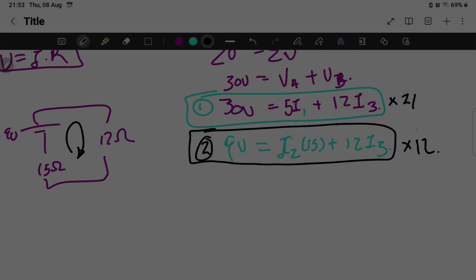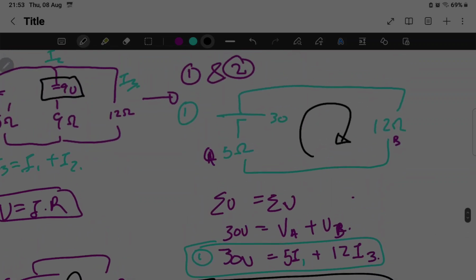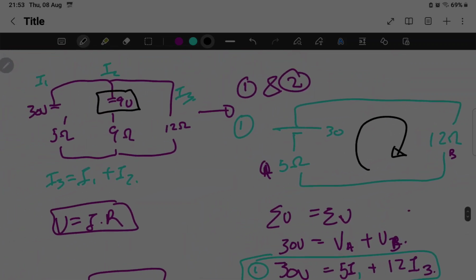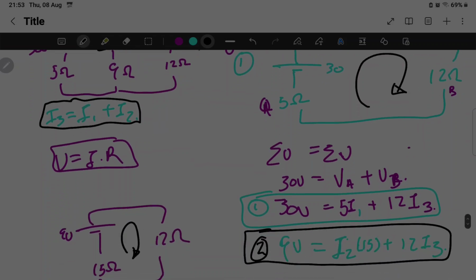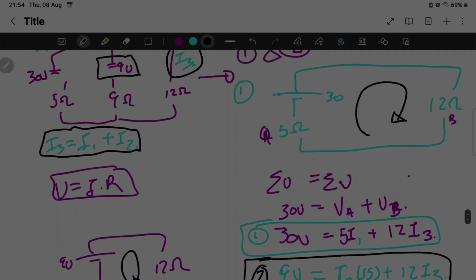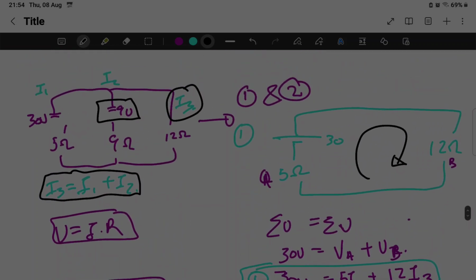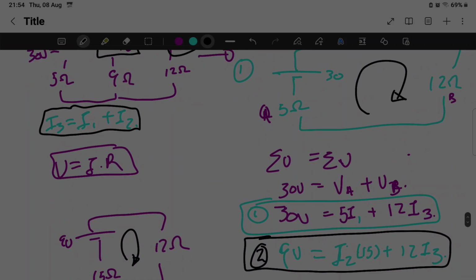How do we get these numbers? Before we do that, we need to correct this equation. We know that I3 is equal to I1 plus I2 because the sum of the currents in should equal the sum of the currents out.